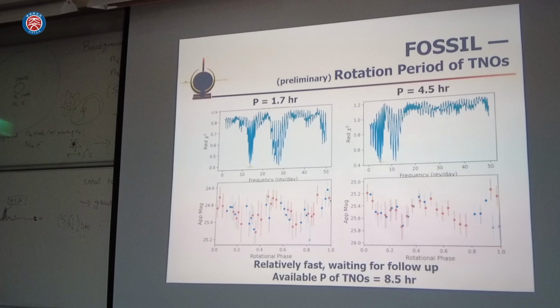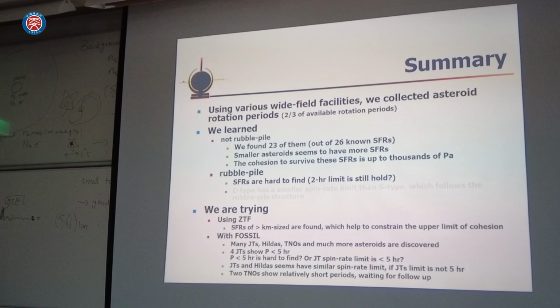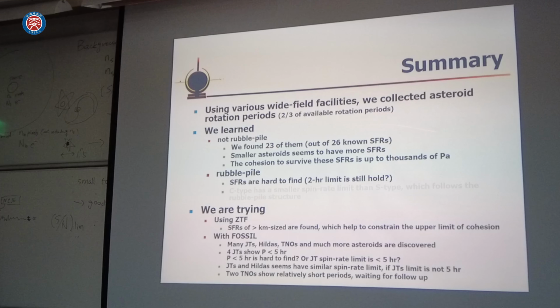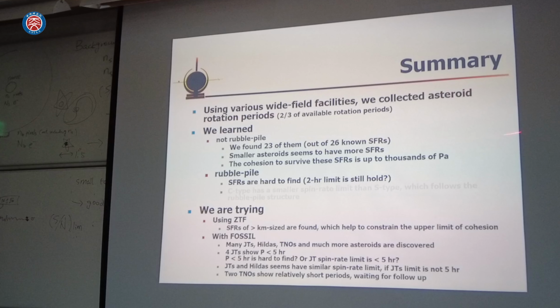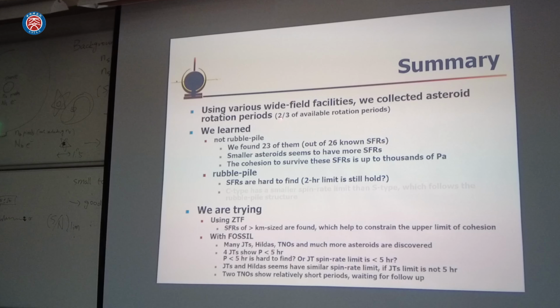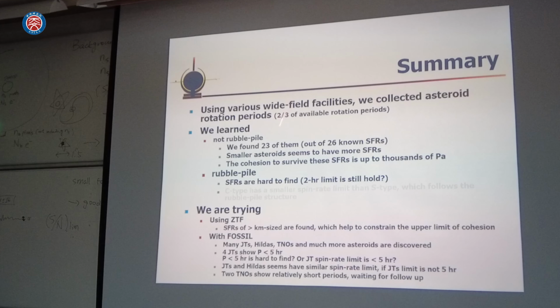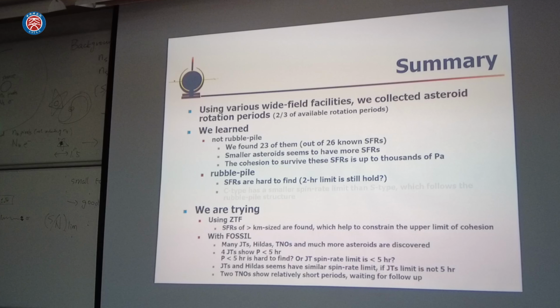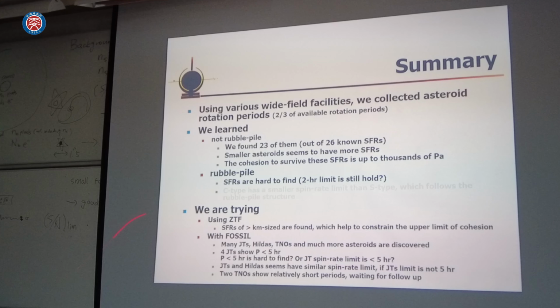So stay tuned. So here I give you the summary. Using different wide-field facilities, we collected a lot of rotation periods, and we contribute more than 2/3 of the available rotation periods in the database.